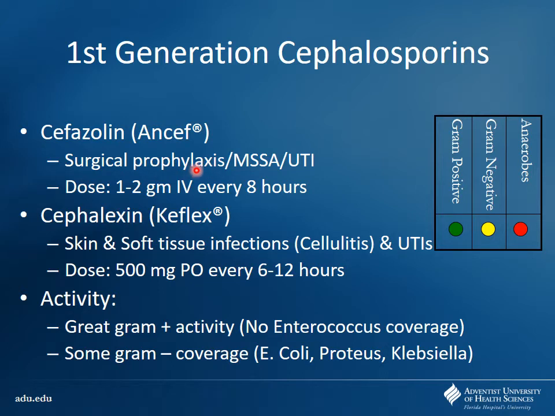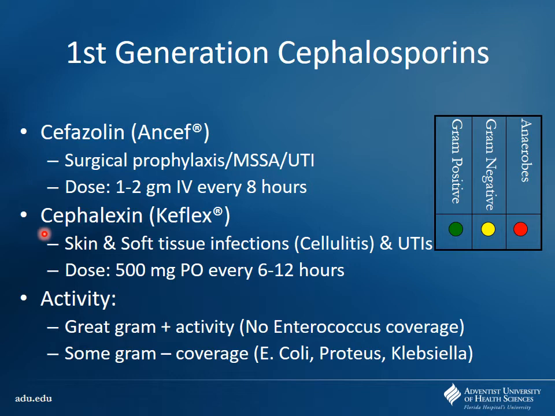This is an IV product that we use very, very frequently. It has a little bit of staph aureus coverage, so MSSA coverage, and then sometimes you can also see it used for UTIs. So it has a little bit of gram-negative activity, but not a ton. Keflex or cephalexin is going to be another big one. This is a very common non-prescription cephalosporin.